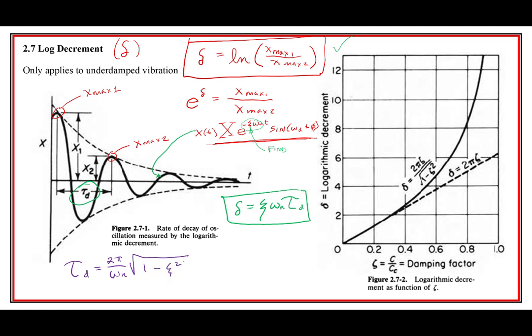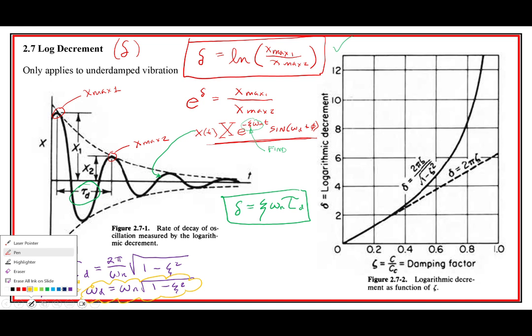This right here comes from basically just saying that the damped natural frequency is going to be equal to omega n times the square root of 1 minus the damping factor squared. So from this, we get that.